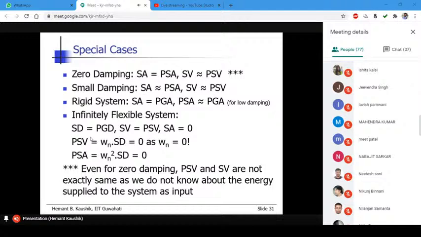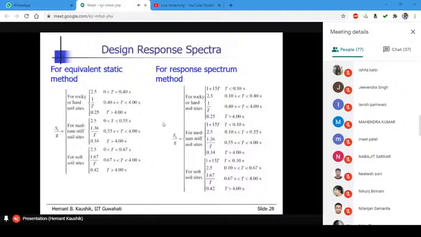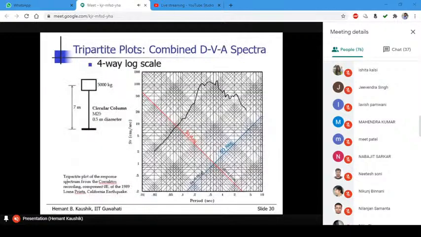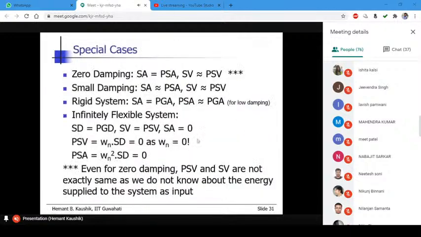The spectral velocity is again equal to the pseudo-spectral velocity, but the spectral acceleration now is zero, and you can see that here also. If I show you this response spectrum, for very high natural period, the spectral acceleration goes on reducing, right? And for infinitely large values of T, we can say that the spectral acceleration is zero.